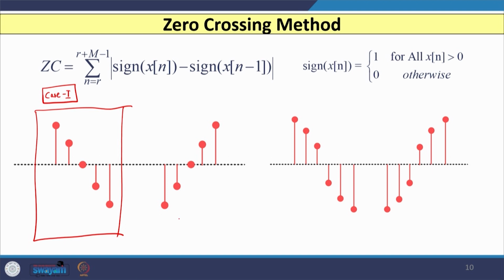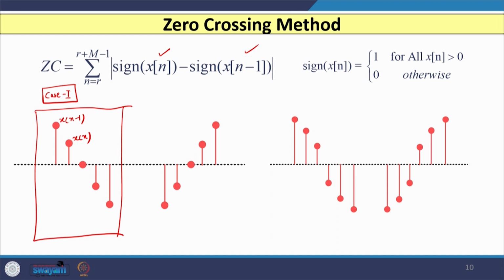We have to consider 2 samples, one is x[n] and another is its previous sample, that is x[n-1]. Let us consider these 2 samples, this is your x[n-1] and this is your x[n]. Here in case 1 you can see I have also considered the sample at the 0 point, where the signal actually crosses 0.